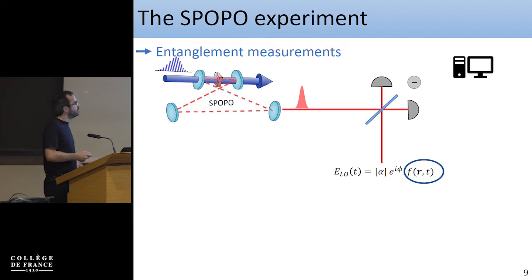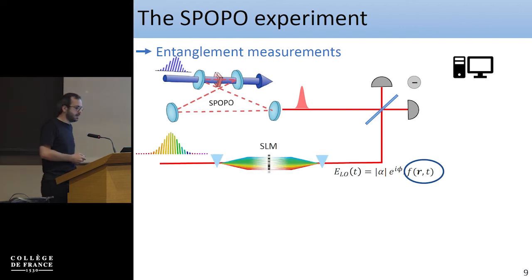Also, what we need to do is to shape the mode we want to measure on the local oscillator. Because we are in the frequency domain, we have to shape the structure of the spectrum of the local oscillator. That's why we use what we call a pulse shaper.